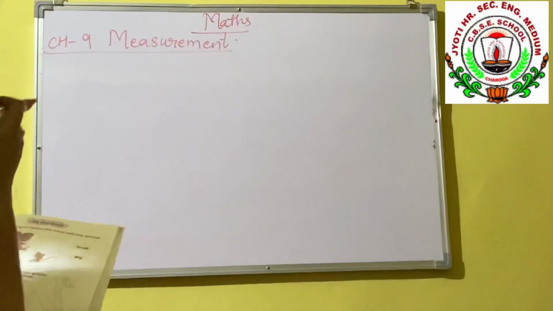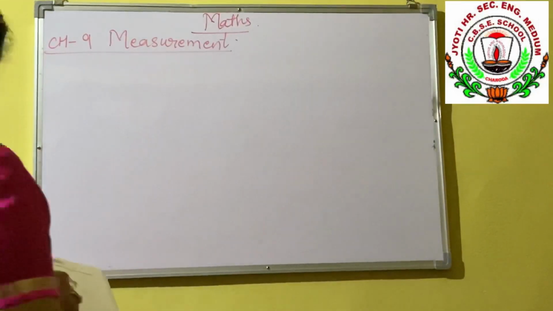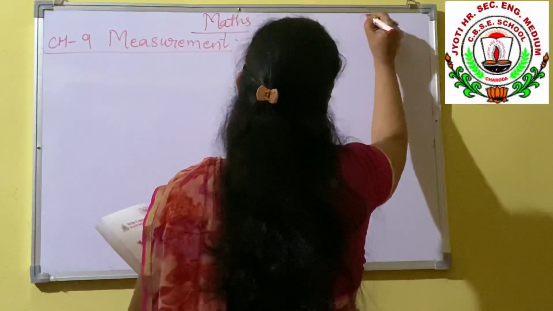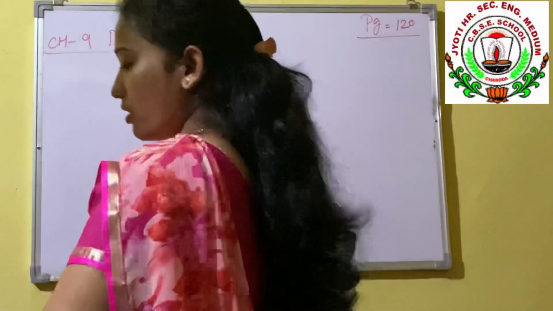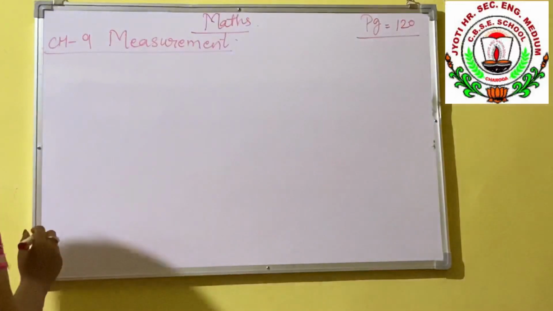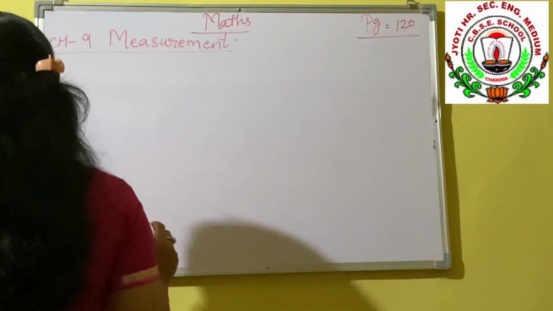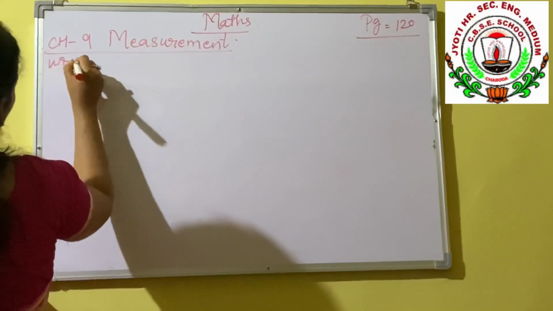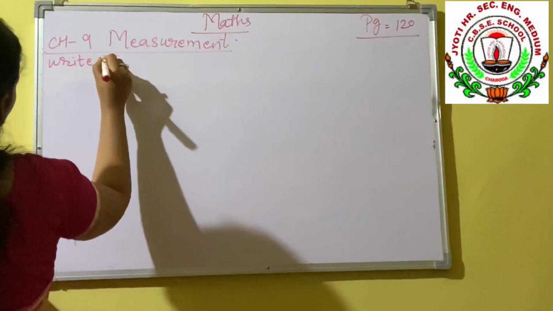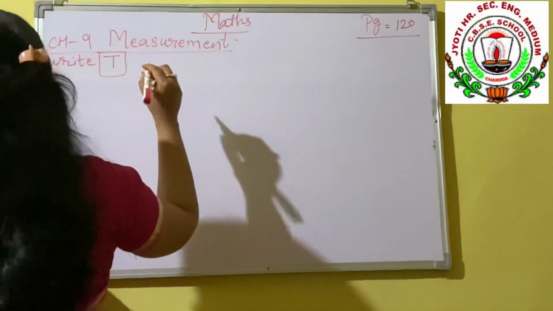Okay students, now take out page number 120. Now our topic is write T against tall object and S against short object in the box.